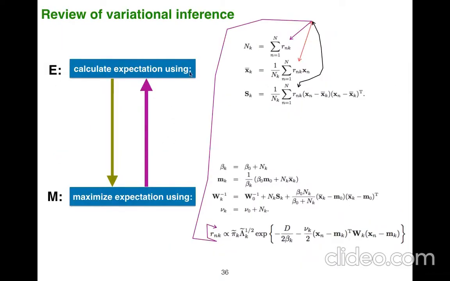You go from expectation to maximization. You find mean, mixing, and covariance, and you calculate R. And then you update it here and calculate a new mean, covariance, and mixing.